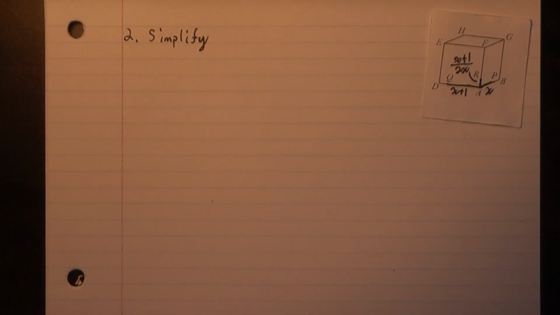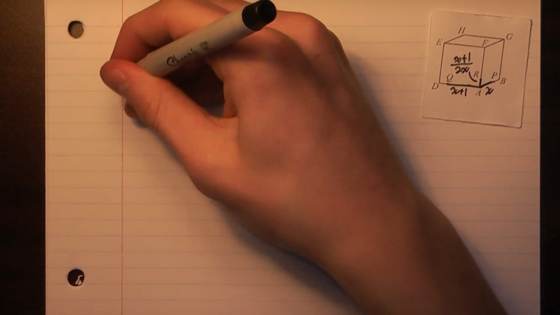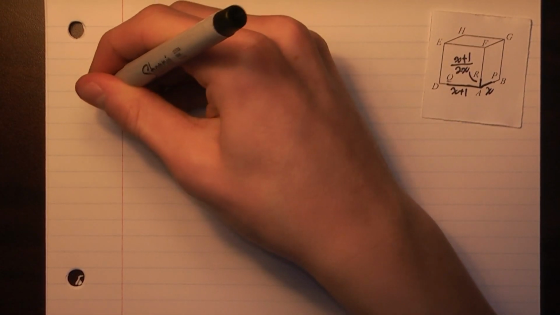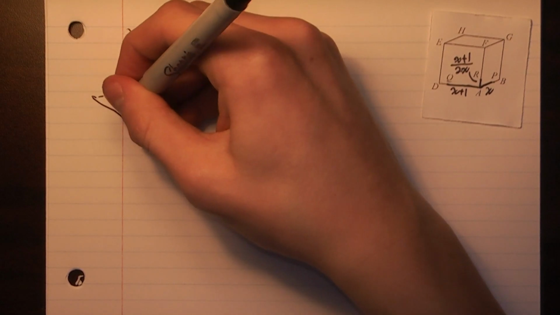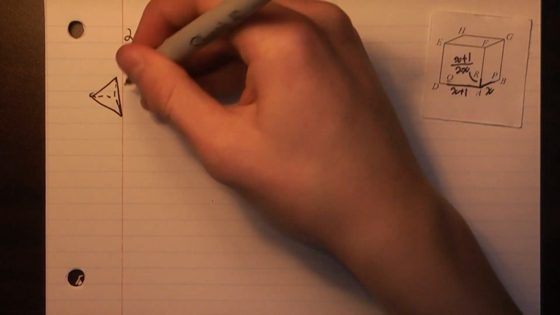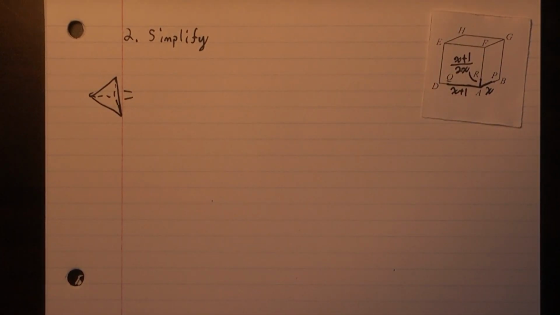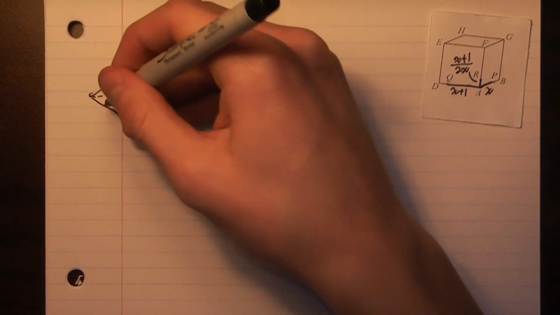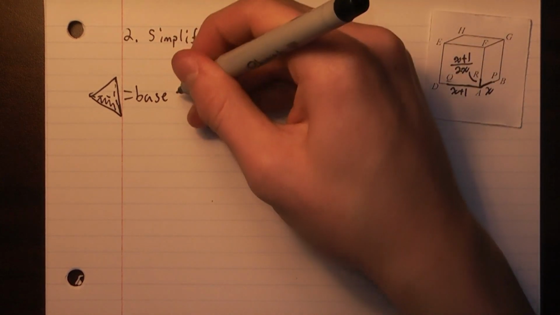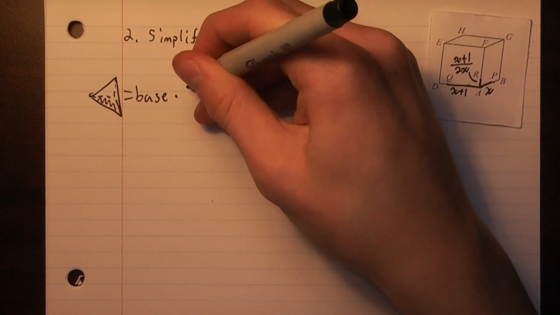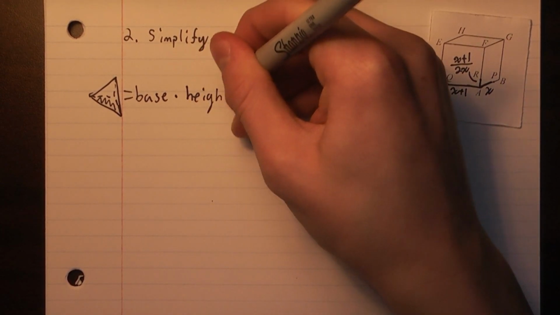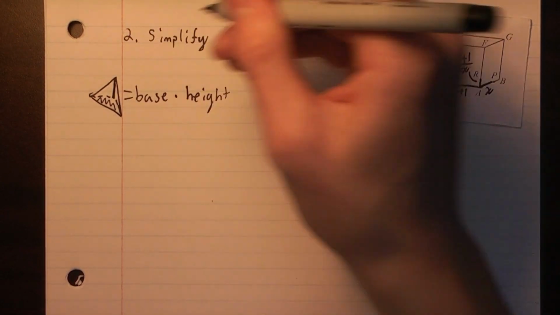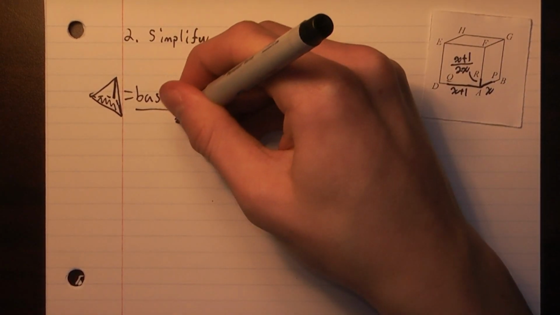With this in mind, we can remember that the question told us that a triangle-based pyramid is equal to its base, which is this part, times its height, which is this part, over 3.